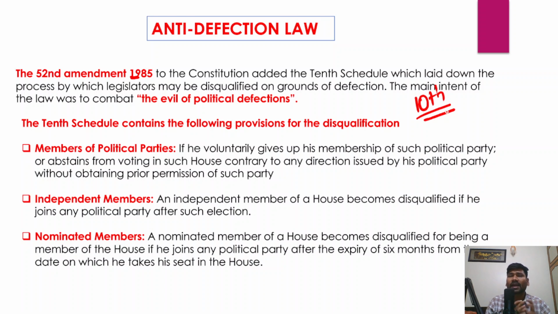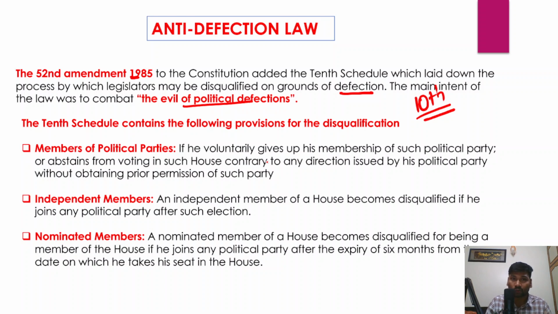And in fact the anti-defection law is a law which mentions certain grounds based on which legislators are disqualified on the grounds of defection, right? So we'll understand what those grounds are, based on which the members of the legislature can be disqualified by the Speaker. The main objective or purpose of the anti-defection law is to combat the evil of political defections.